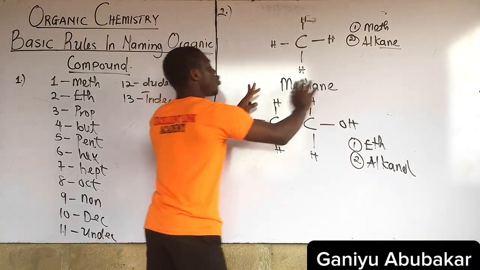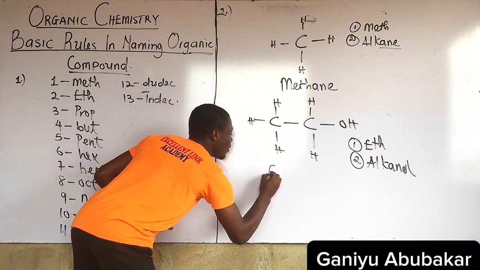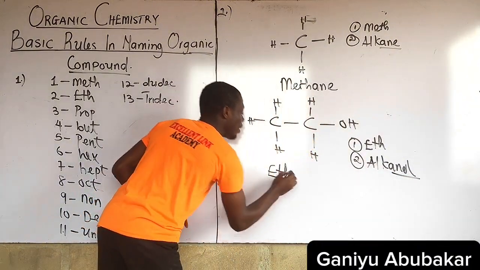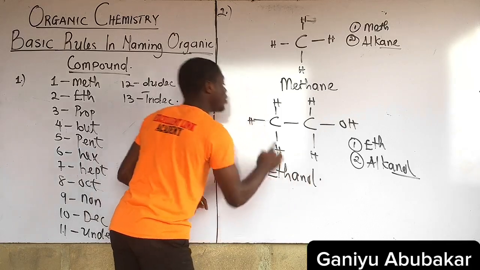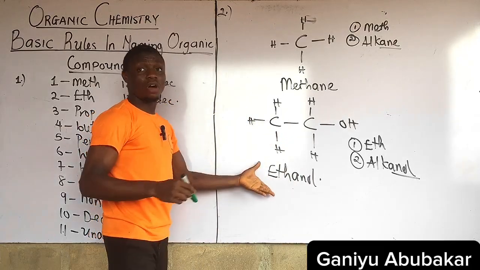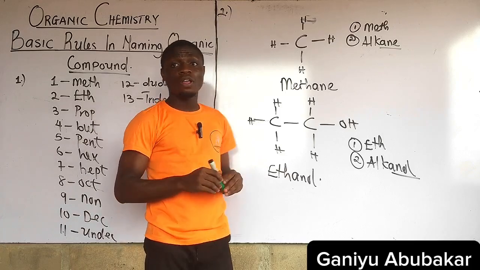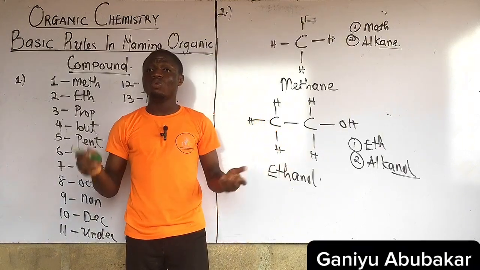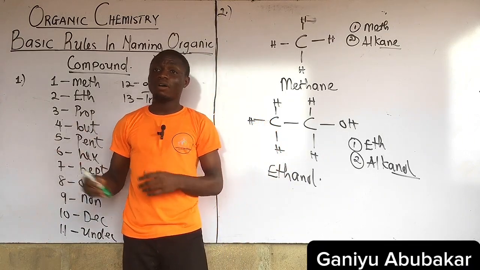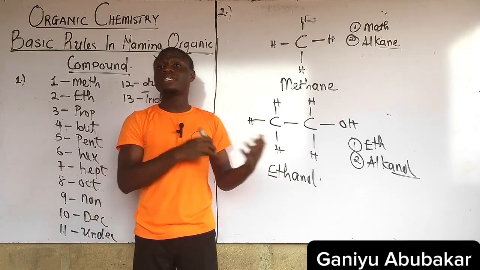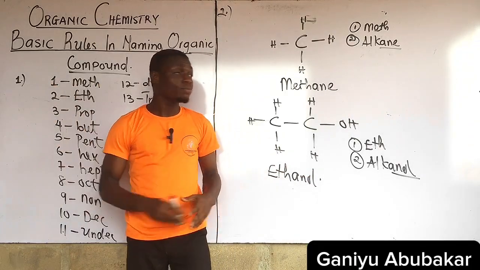So to name this compound now, I'll be having eth, then I'll write the last part, anol. So this compound is called ethanol, as you can see. All right, let's consider the third rule in naming organic compounds, and we look at how to use rule 1, rule 2, and rule 3 to name several other compounds.